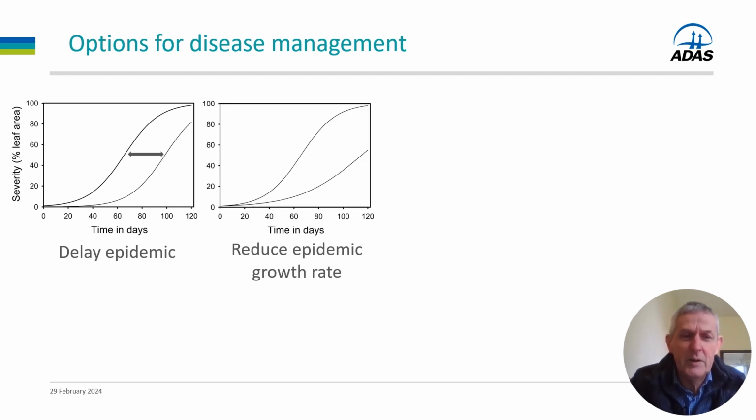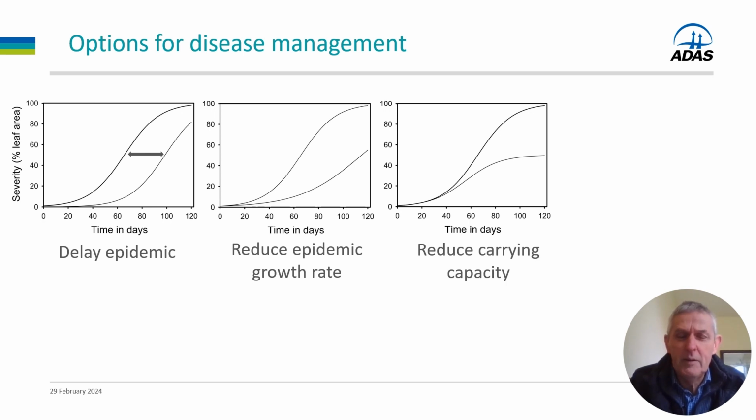Second, we can try to reduce the epidemic growth rate, particularly in the exponential phase. The third is to try and reduce the carrying capacity of the epidemic and stop it reaching a high level, which also means it slows down before it reaches that high level.